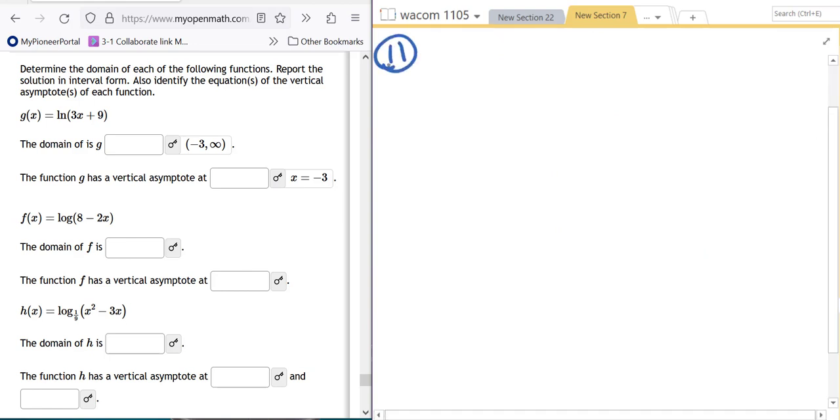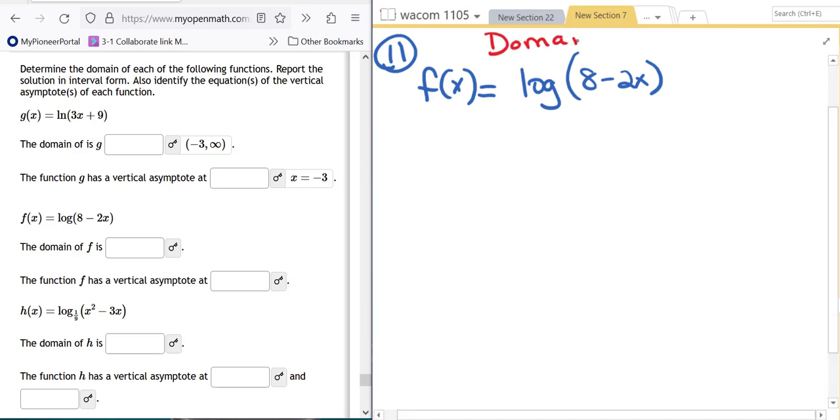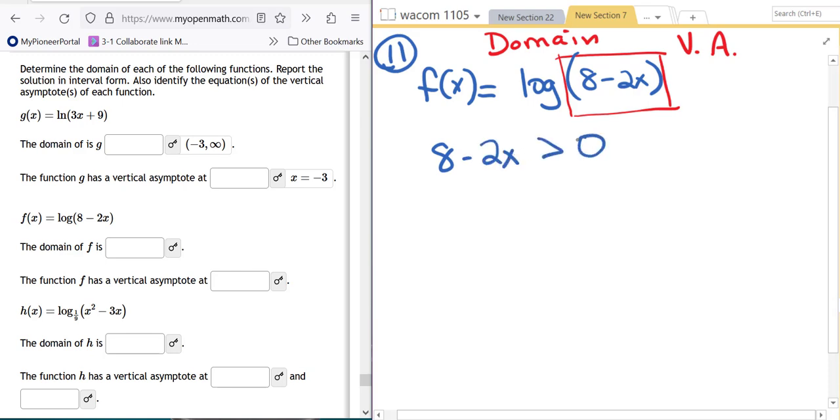So 11 part 2. So f of x equals log of 8 minus 2x. And we want domain and vertical asymptote. All right, so this is the piece we care about. We don't care about the base. Right? So 8 minus 2x must be greater than 0.